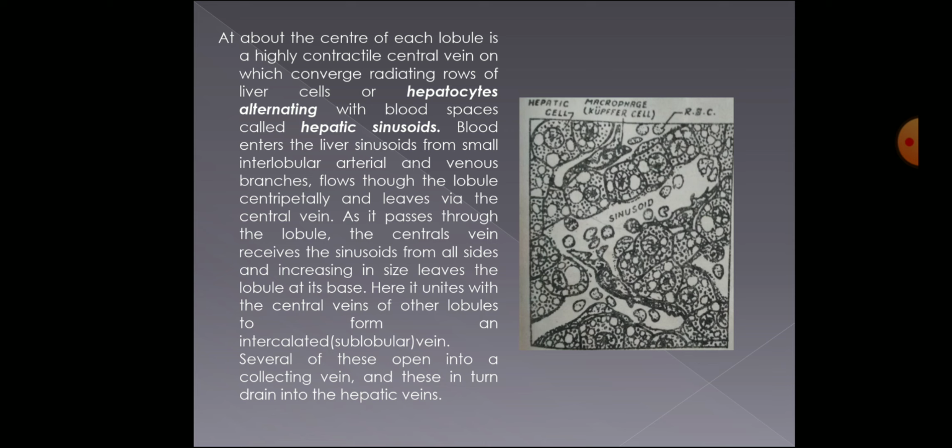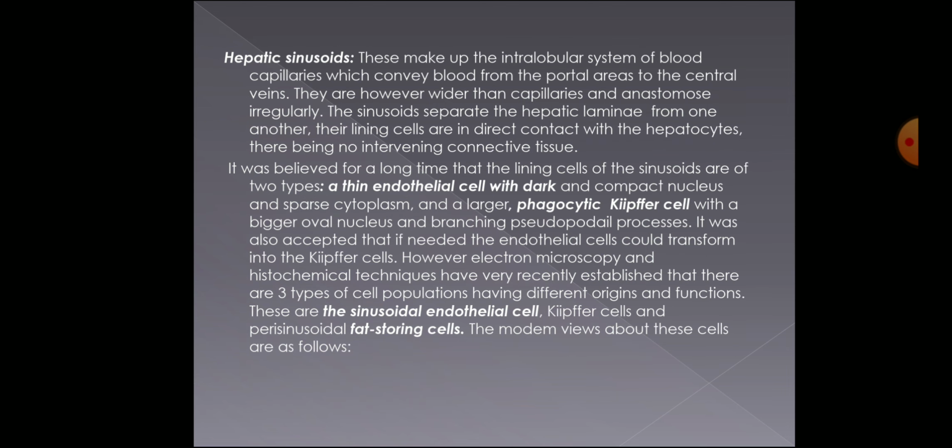So hepatic cells or hepatic cords are separated from each other by the help of hepatic sinusoids, which is clearly seen in the figure. Hepatic sinusoids, as you know, are nothing but the space made by the intralobular system of blood capillaries which convey blood from the portal areas to the central vein.